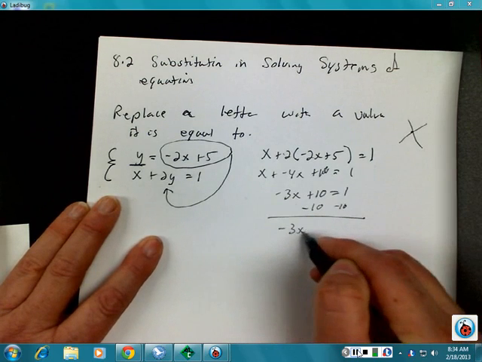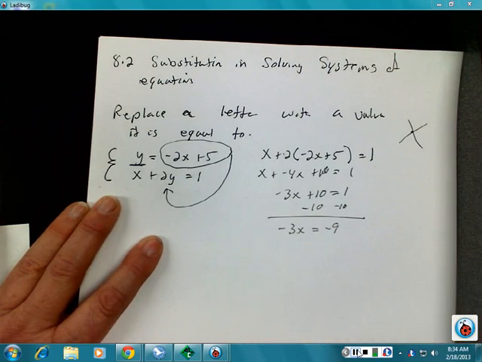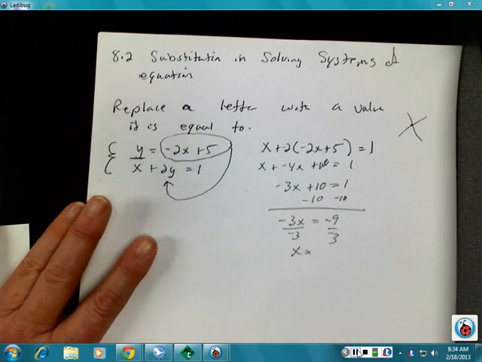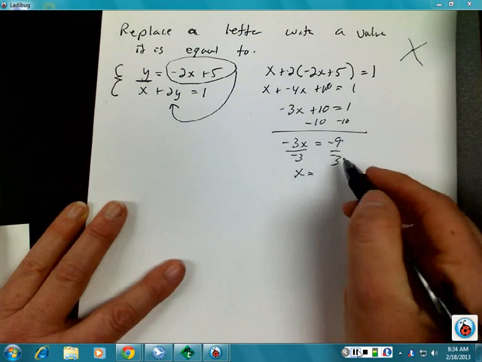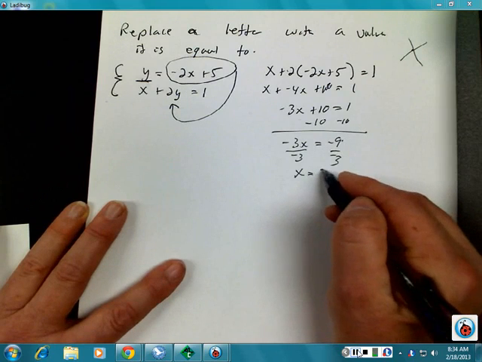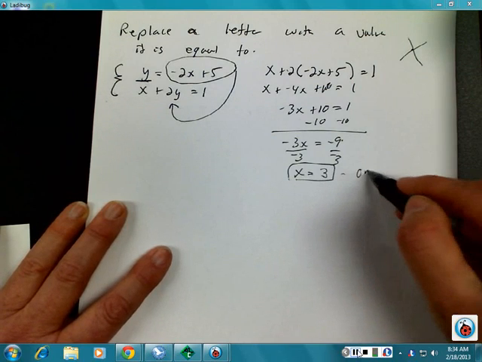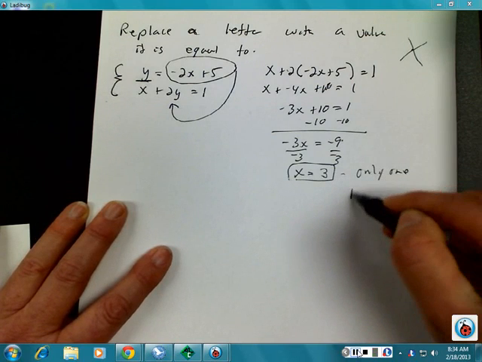So I get a negative 3x is equal to a negative 9. Divide by negative 3. And what do I find x to be? Negative 9 divided by negative 3 is a positive 3. Okay? So once I've found one piece, am I done? I'm not finished yet. This is only one part.